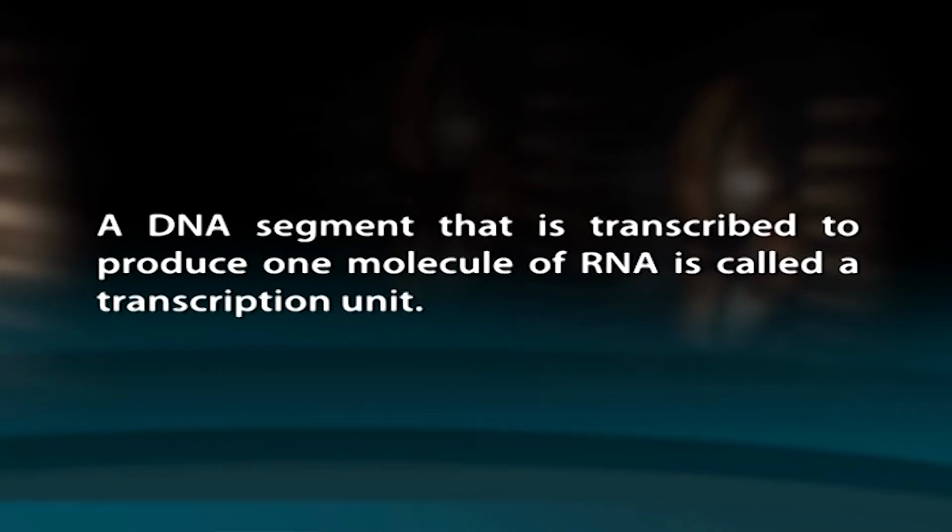A DNA segment that is transcribed to produce one molecule of RNA is called a transcription unit. Transcription units may include several contiguous genes, or they may be equivalent to individual genes. In bacteria, there are large transcripts that carry the coding sequences of several genes.